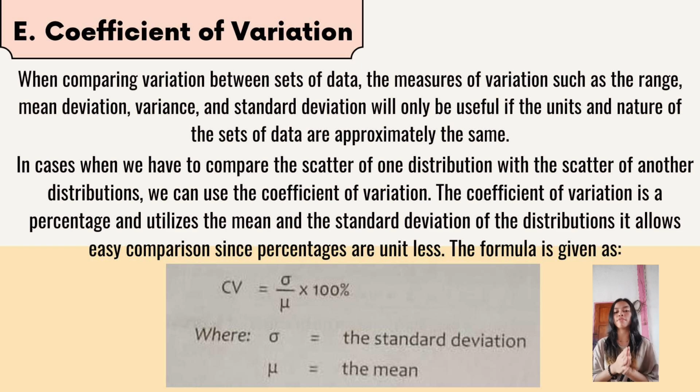In case we have to compare the scatter of one distribution with the scatter of another distribution, we can use the coefficient of variation. The coefficient of variation is a percentage and utilizes the mean and the standard deviation of the distribution. It also eases comparison since percentages are unitless. This is the formula of the coefficient of variation.